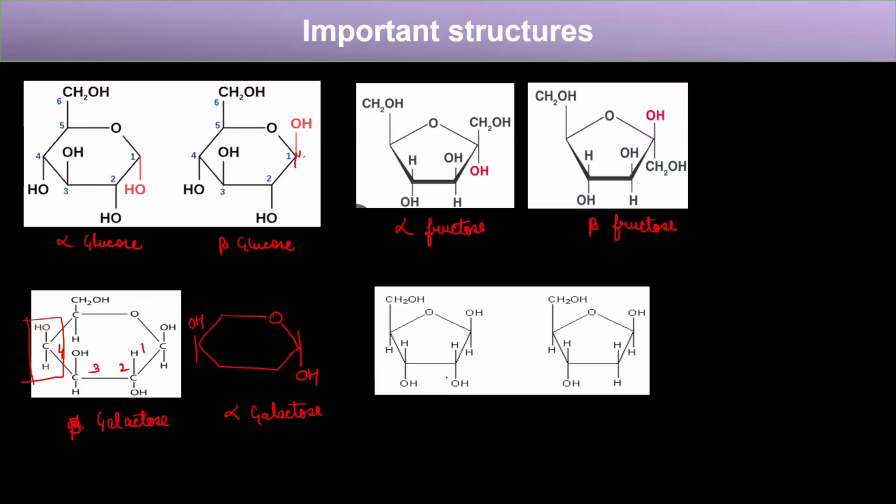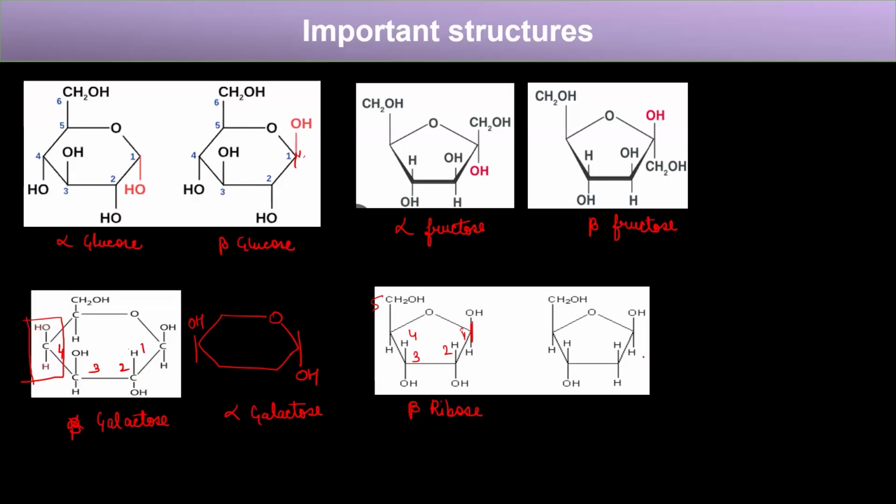Now, what is the next structure? How many carbon atoms do we have in this structure? We have 1, 2, 3, 4, and 5. So this is a 5 carbon molecule with a furan ring. It is known as ribose. Since the OH on the carbonyl carbon is above, it will become beta ribose.